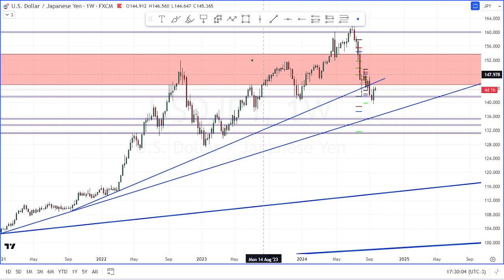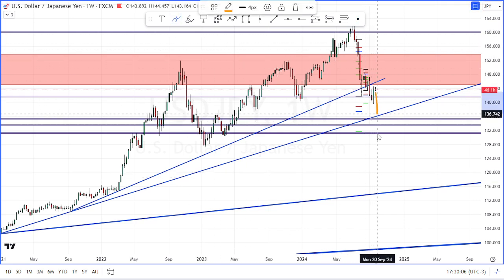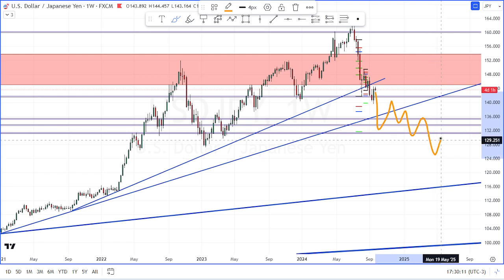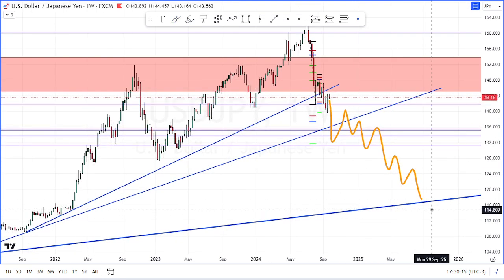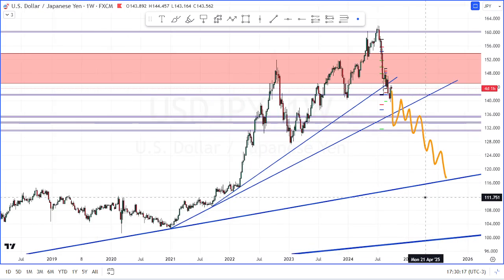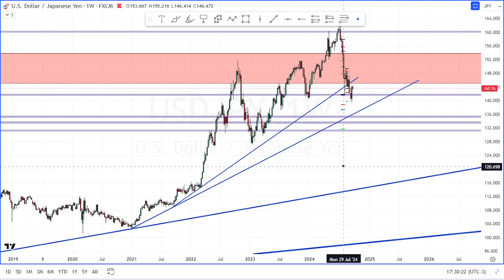If it does come towards this area and breaks this trend line, eventually it's going to push all the way down to this trend line. And eventually one day it's going to break this trend line and continue to drop to the downside.